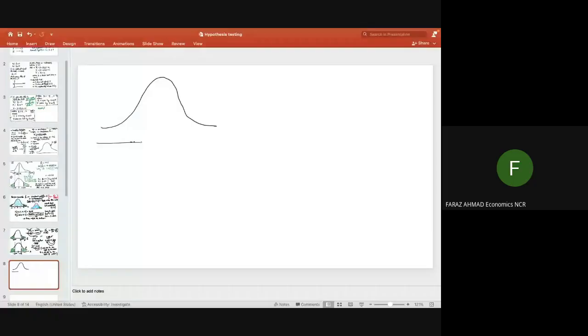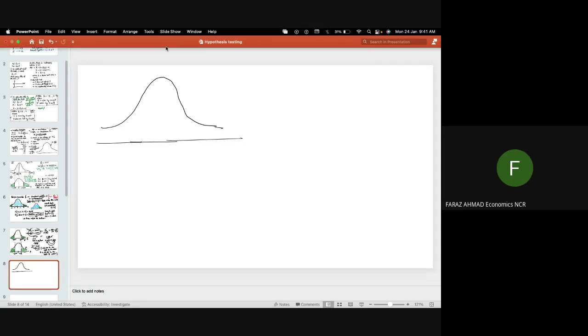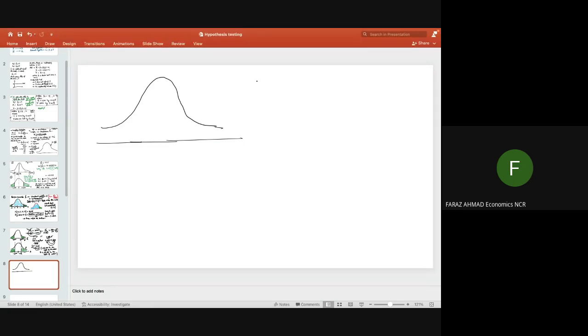So rejecting and not rejecting the null: if p-value is less than or equal to alpha, we reject the null.